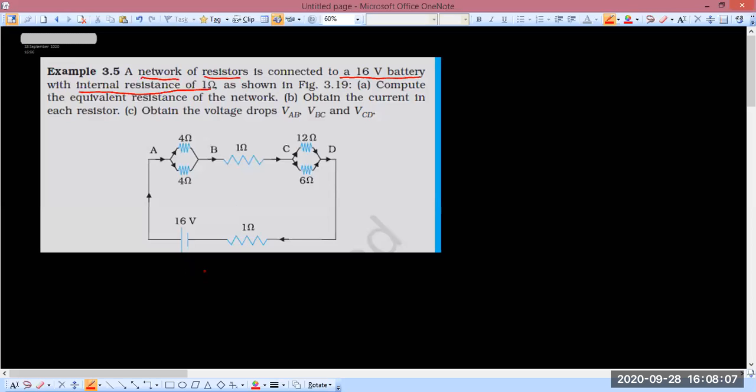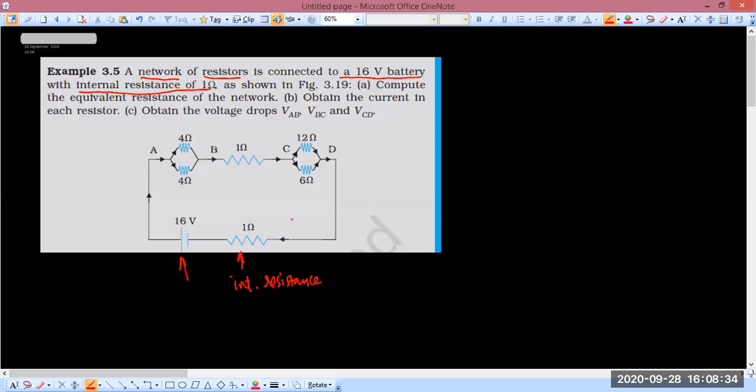So what is shown here in this circuit is a 16-volt battery, and this 1 ohm is used for indicating its internal resistance, right?